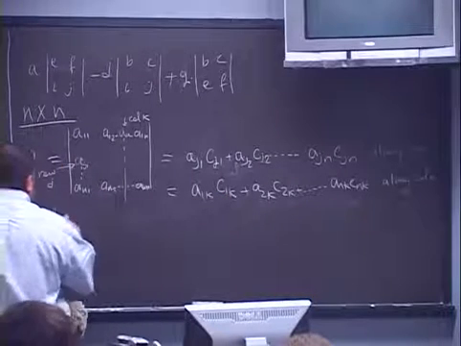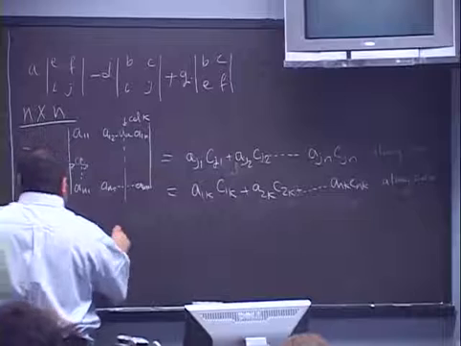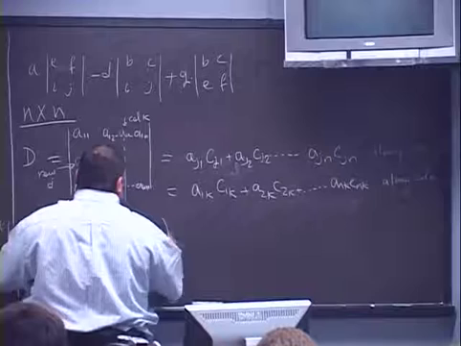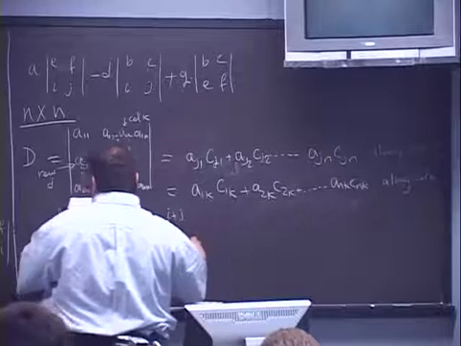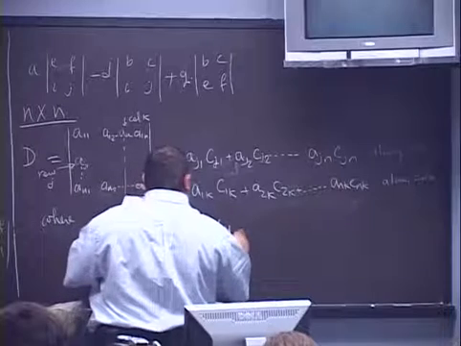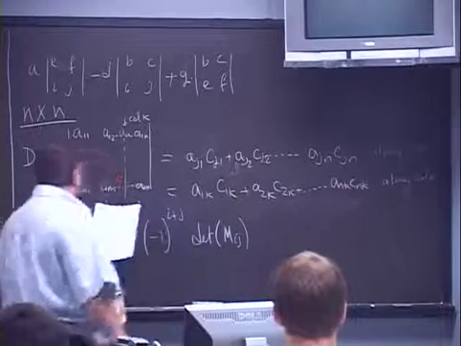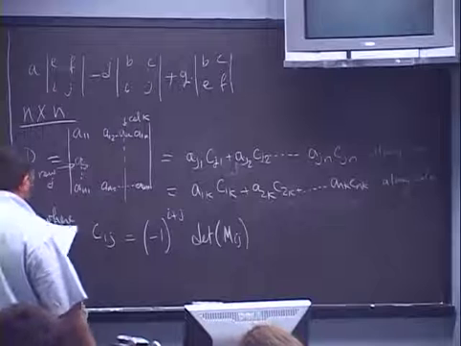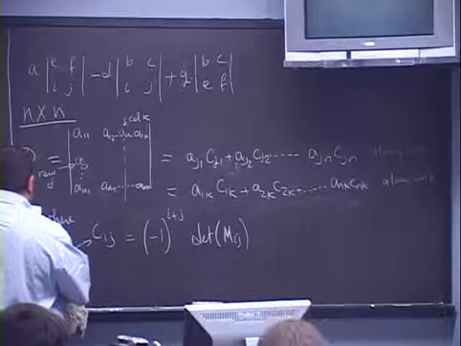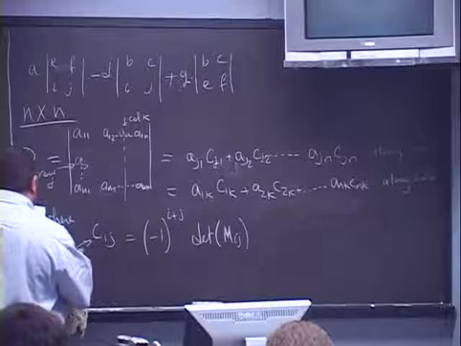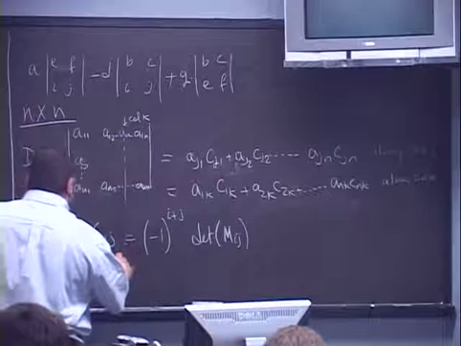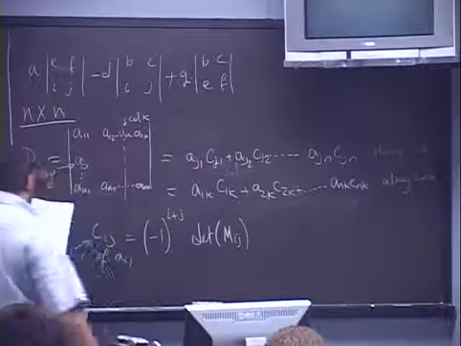The Cij's are just (-1) to the power of i plus j multiplied by the determinant of Mij, where this Cij is called the cofactor of Aij.